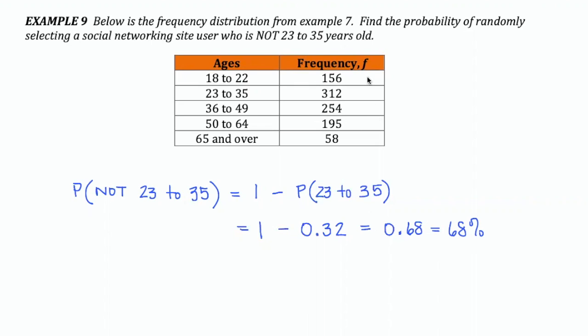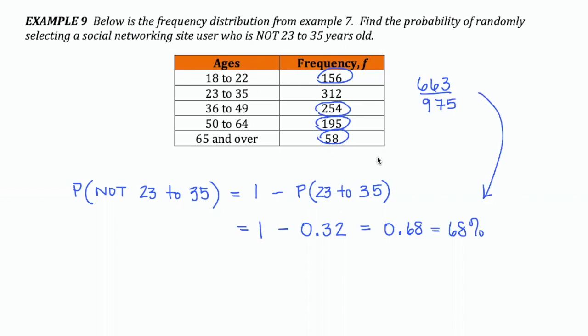You could also verify that by totaling up all of the frequencies for being not 23 to 35. If you total those numbers up, you're going to get 663 out of 975, and that'll give you the exact same answer.